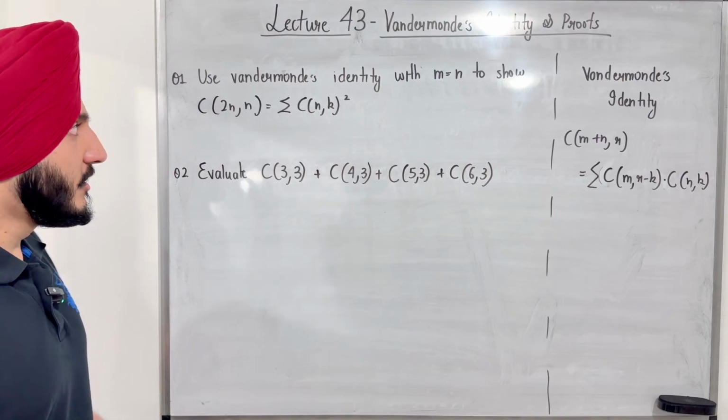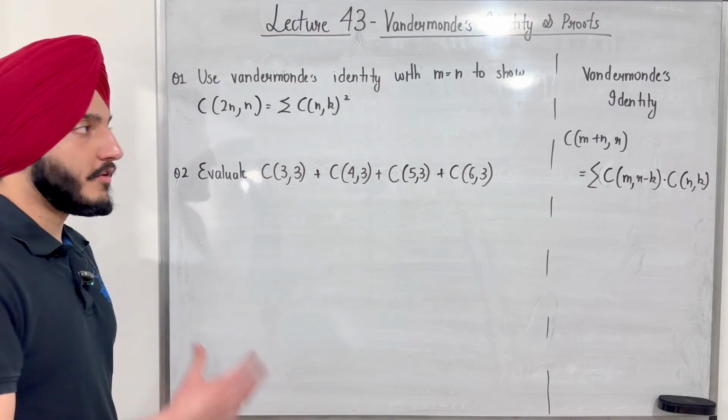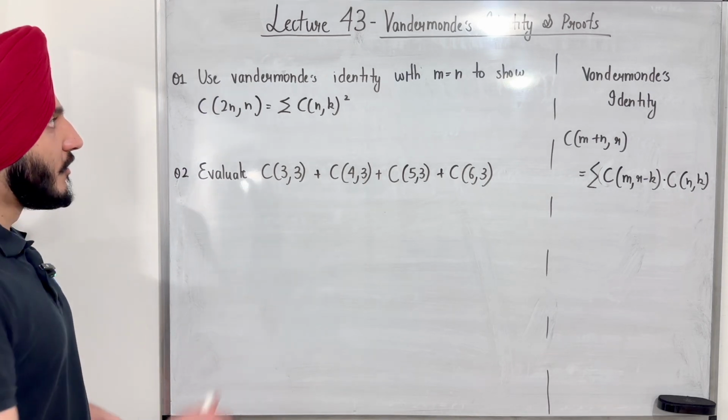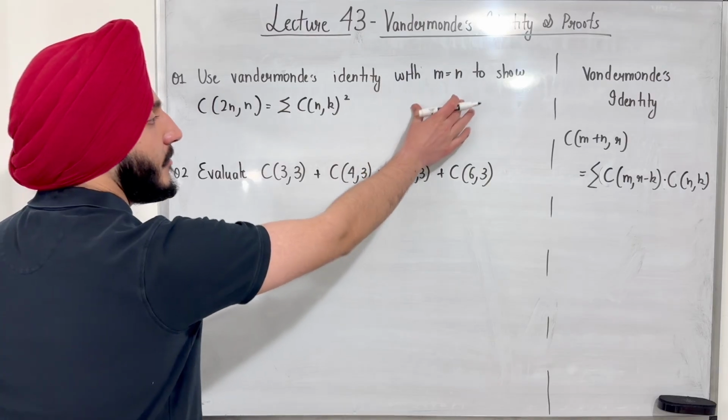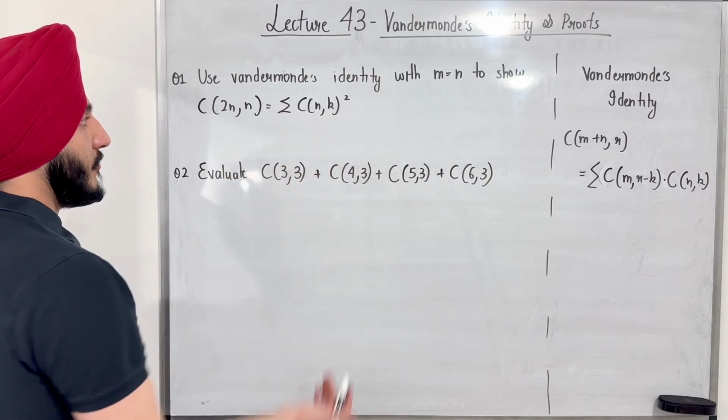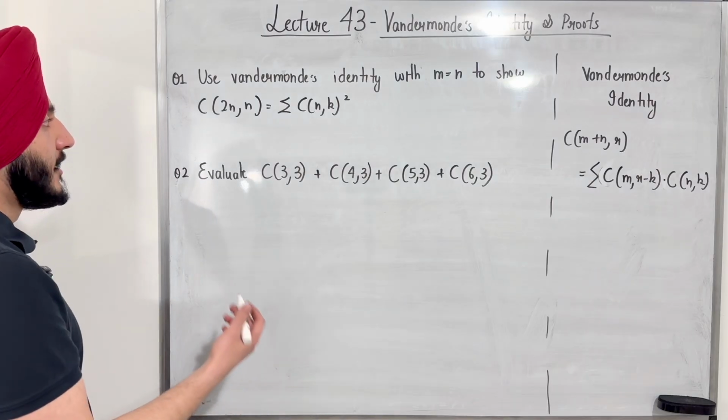Okay, so I've given these two questions on the board. Try to pause the video and quickly solve them. The first one is: use Vandermonde's identity with m equal n to show C(2n, n) equals this value over here. Let's try to understand this.